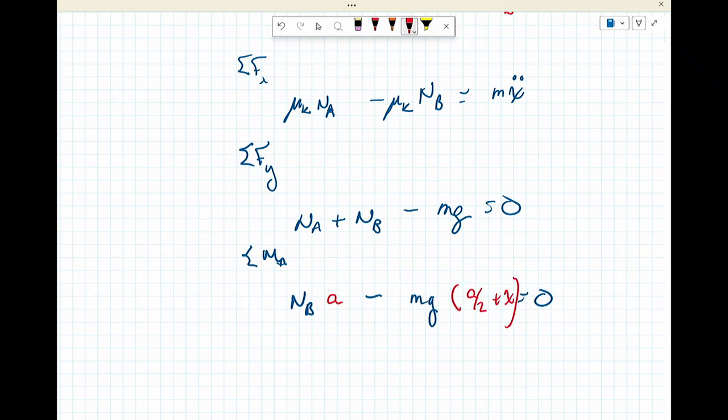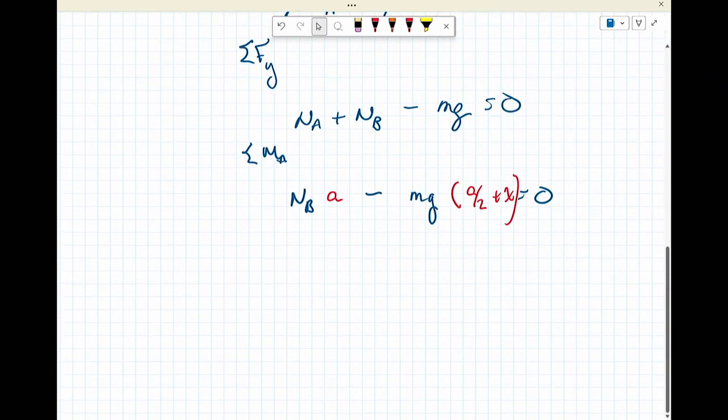So that offset. It's 0 because this thing, despite the fact that a lot of things are happening around it, the rod itself is not rotating. Because it doesn't rotate, it just translates, it becomes a lot easier as a problem. So I have three equations, three unknowns, NA, NB and x, I guess.